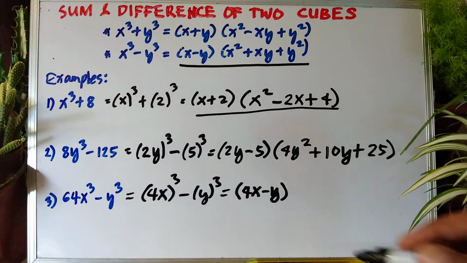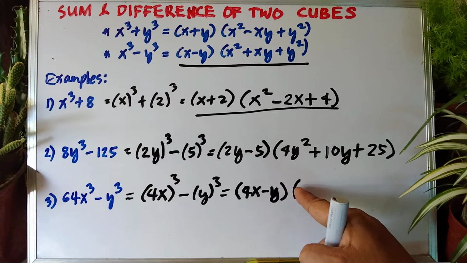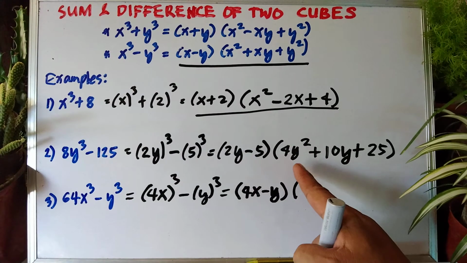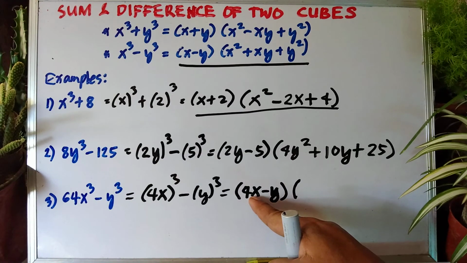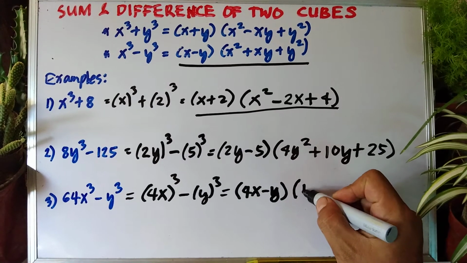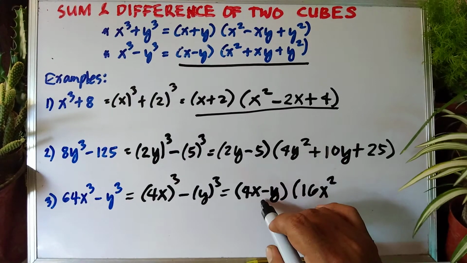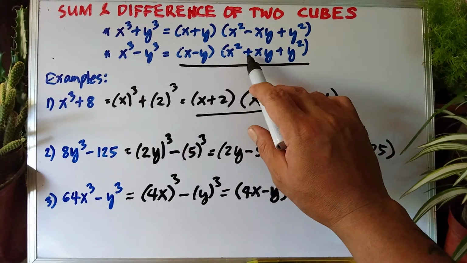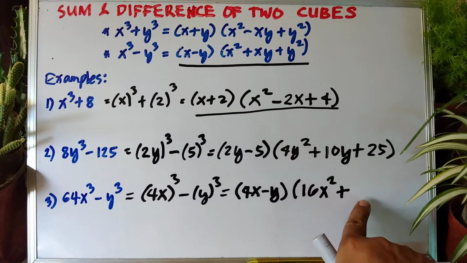Now, the second factor. We can obtain this by considering that the first term should be the square of the first term. So, 4x times 4x, that is 16x squared. Since this is minus, according to the formula, it is plus here, so we copy plus. How do we obtain the value here?